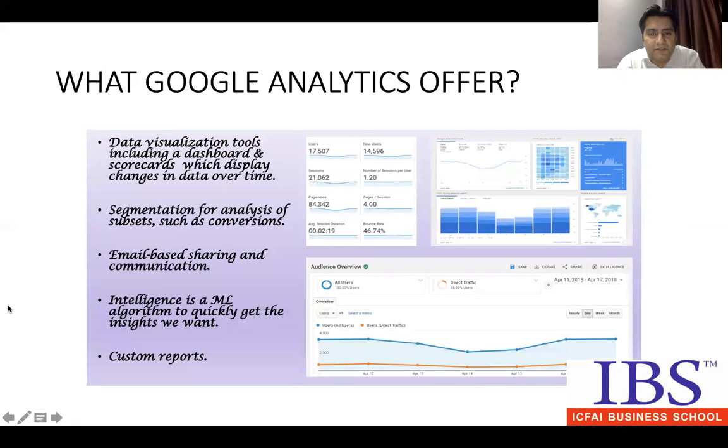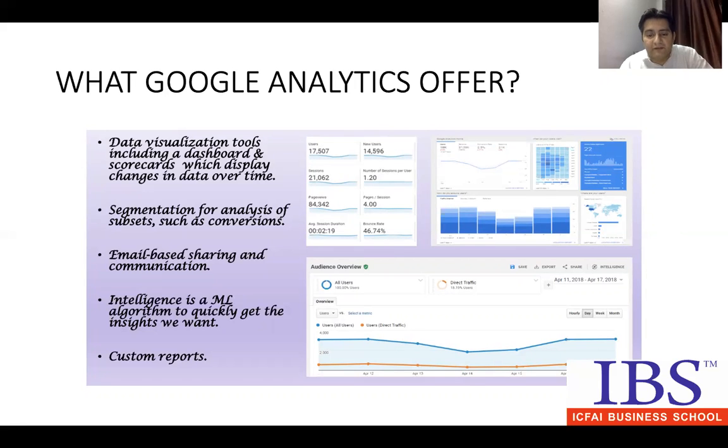As you see in the picture, when we start the analytics and start getting the reports, we can see users, new users, sessions, number of sessions per user, how many times a user visited our site, how many page views there were, pages per session, average duration they are spending, and bounce rate, meaning failure or that they are going back.